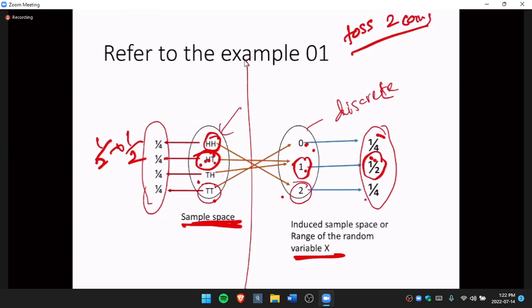In HT there's only 1 head, and in TH there's also only 1 head. Which means the probability of getting 1 is not 1 over 4. It should be 1 over 4 plus 1 over 4, since 2 elements are mapped.